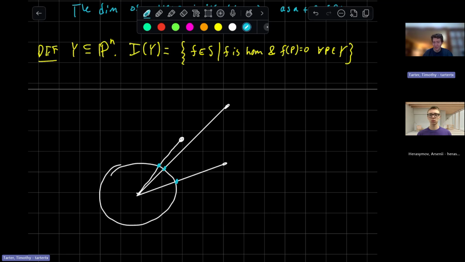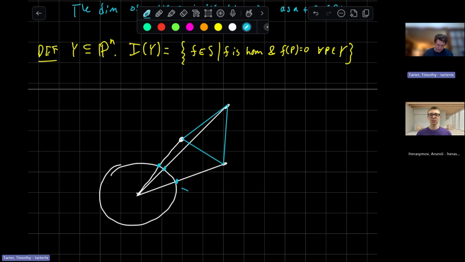Behold, a triangle. And of course the triangle that we would be talking about in affine space would be this triangle in blue. In projective space, this is what we're thinking about.